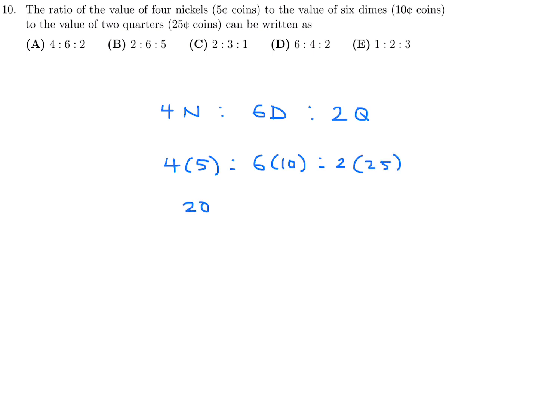So this is 20 to 60 to 50, and that is the ratio. Now, of course, they're going to lower it to lowest terms. So divide everything by 5, I think. That will give you lowest terms: 4 to 12 to 10. Actually, if we divide it through by 10, it would probably have been better: 2 to 6 to 5. There you go. 2 to 6 to 5, and that is B for number 10.